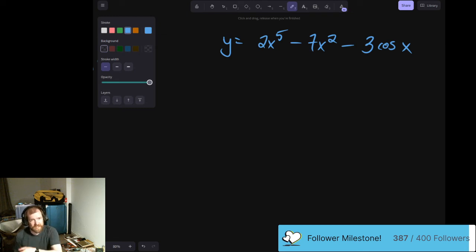So if you're trying to find the second derivative of this thing, your first derivative, again, power rule here, 10x to the fourth. I misjudged this a little, that's fine. Minus 14x cubed. Derivative of cosine is positive sine. Sorry. Derivative of cosine is negative sine, which switches the sign in front.